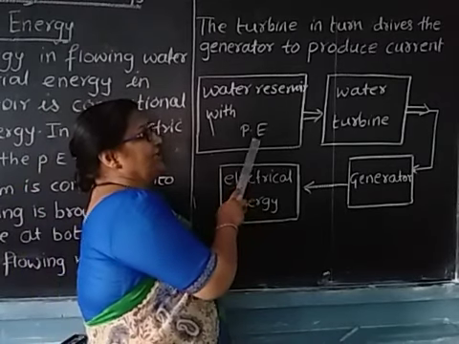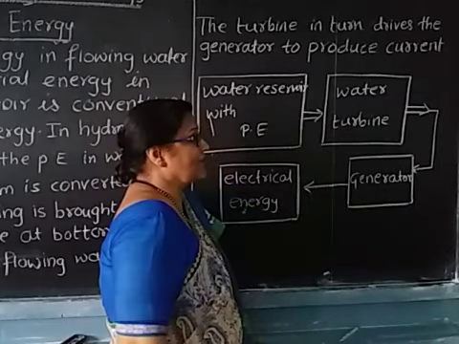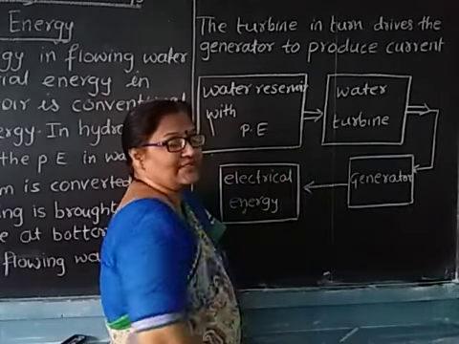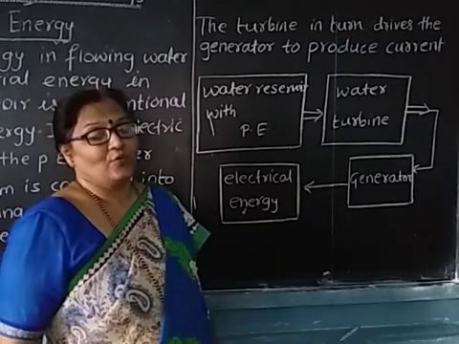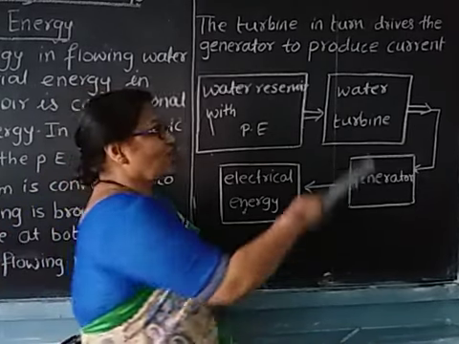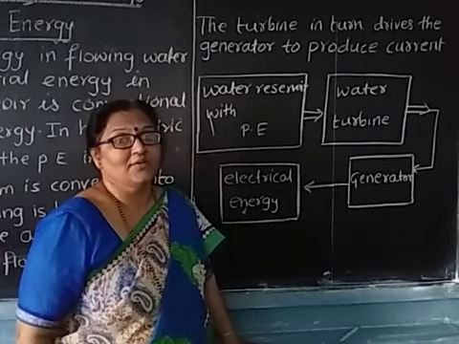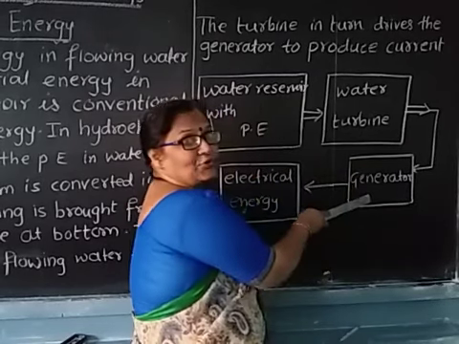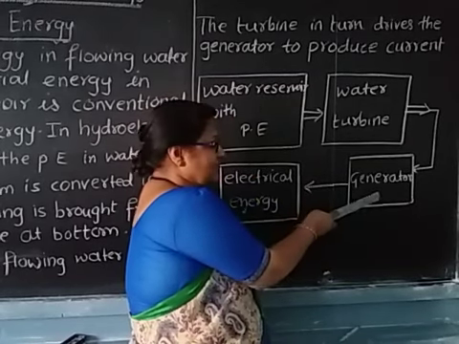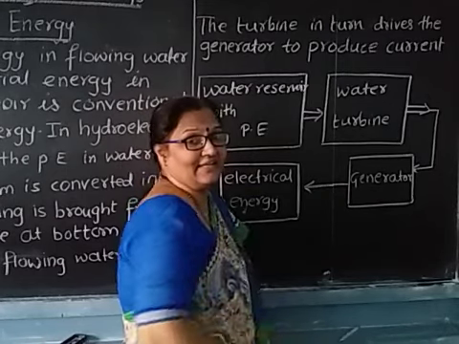This potential energy is driven to the turbine, or you can say water is sent to the turbines. And as we know, the turbine needs liquid to rotate. This water flows to the turbine. The turbine is at the bottom of the dam. Then this turbine is connected to the generator. The generator further produces electrical energy.